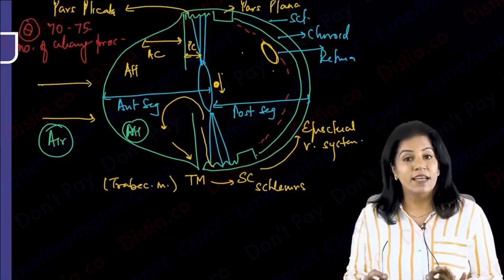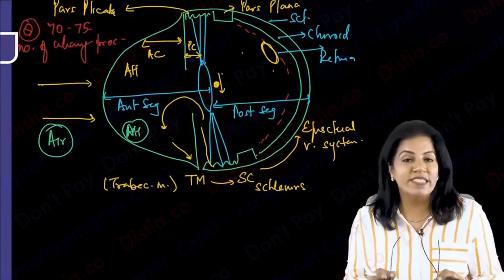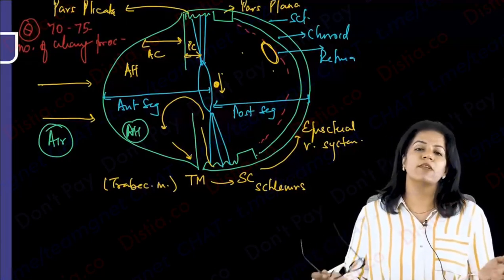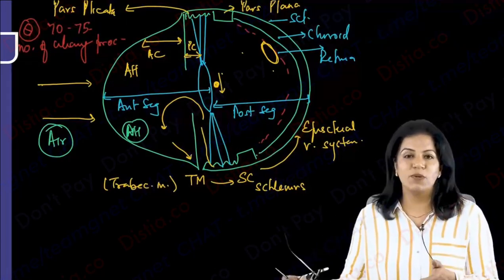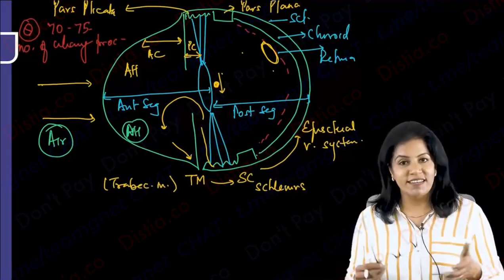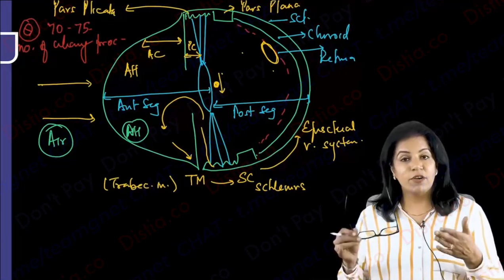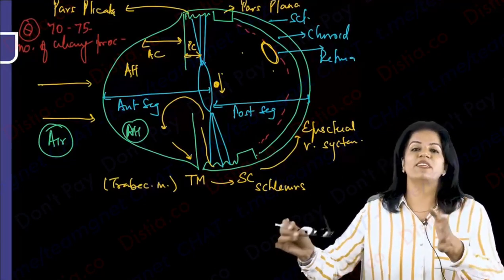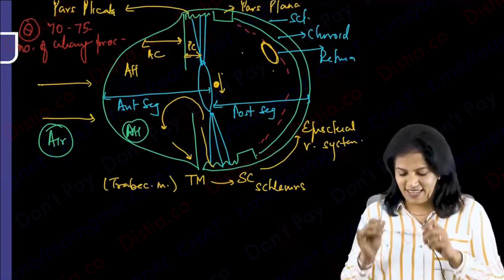Please be very, very clear: glaucoma is not a mere increase of pressure. There are cases where the patient is glaucomatous though the pressures are normal. We call it normal tension glaucoma. Again, we will discuss the details. Here what you have to understand is: more pressure, damage of the optic nerve, leading to glaucoma.